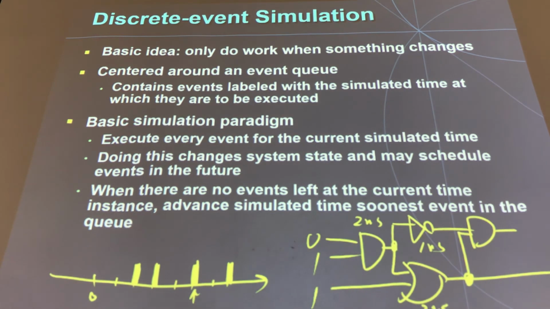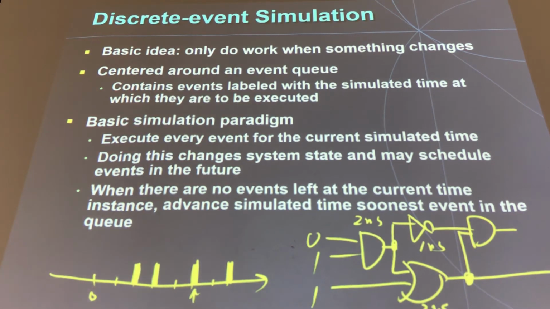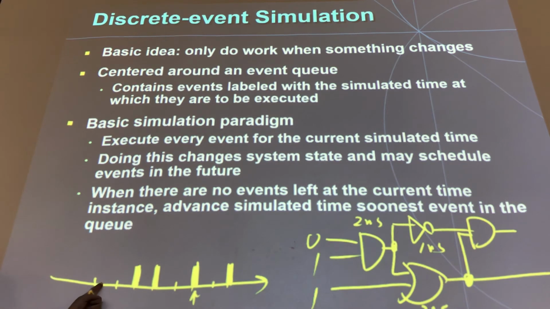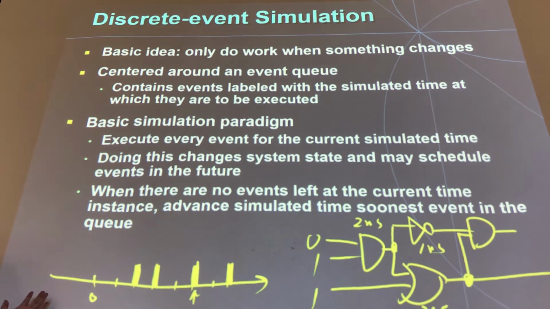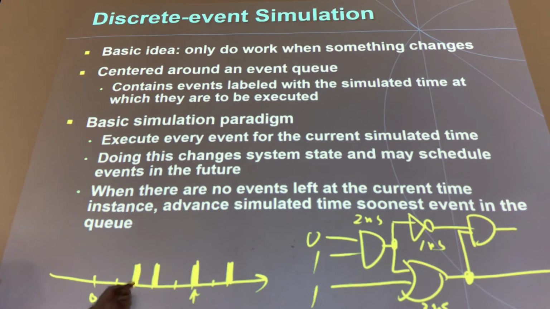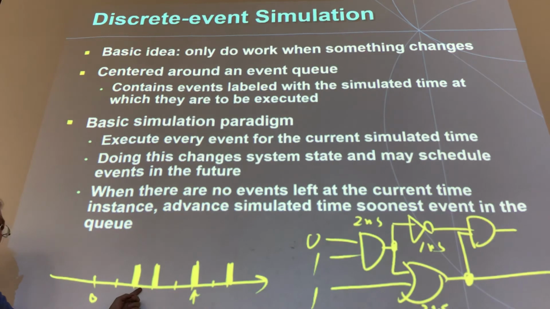It's impossible to simulate continuous time. It has to be discrete events, discrete time. We only do simulation at here, at here, at here, and at here, and stop. You are not going to simulate every nanosecond because that would consume too much time, and actually it's not needed. Only at these 4 points in time do you possibly change the output.